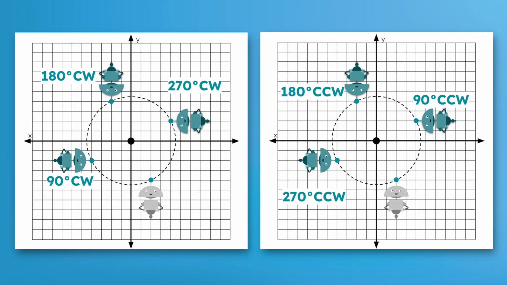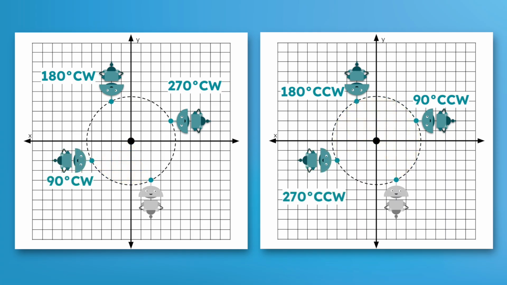Comparing the images created by clockwise and counterclockwise rotations, we see that the same images were created. Even though we rotated Mia in opposite directions, both paths resulted in the same image. For example, a 90-degree clockwise rotation and a 270-degree counterclockwise rotation both create the same image right here.